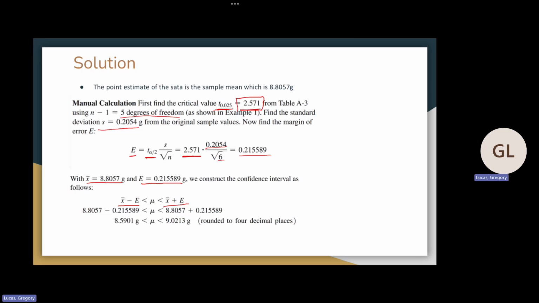And then we're going to round that to 4 decimal places when we add and subtract. So our estimate of our true value is somewhere between this range of 8.5901 and 9.0213. So we have 95% confidence our true value of the mean is somewhere in that range.